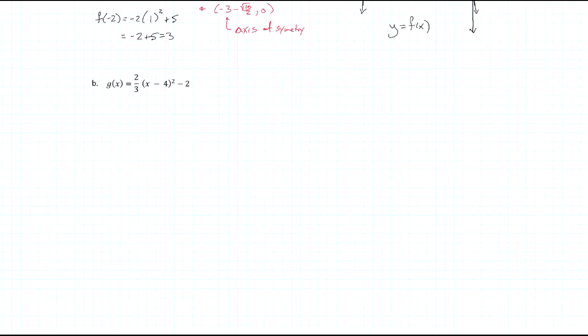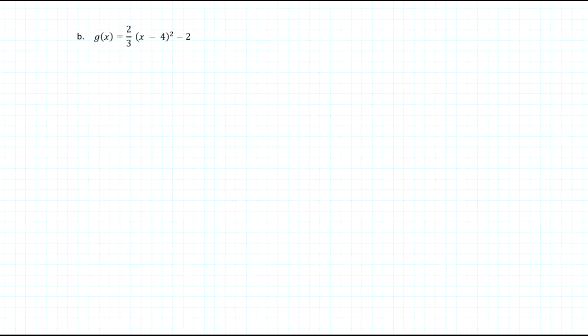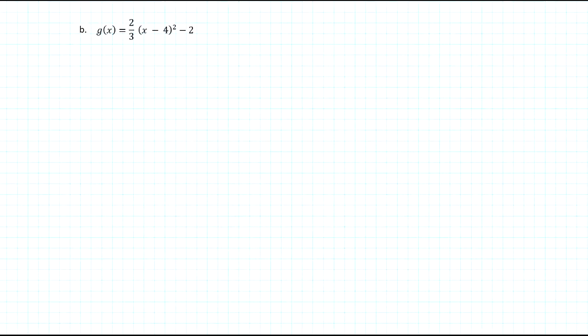Function squared minus 2. Start with our vertex. The vertex is the point positive 4, comma negative 2. This opens up with the y stretch equaling 2/3. And let's plug in 0 for x to get the y-intercept. g of 0 equals 2/3 times negative 4 squared minus 2.